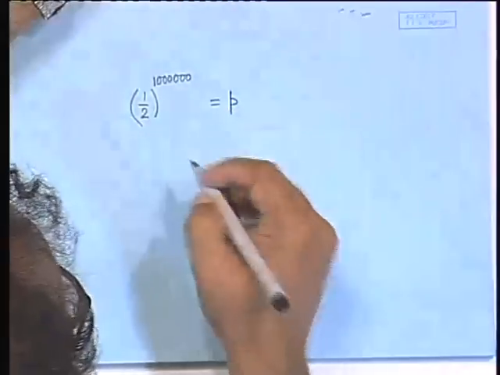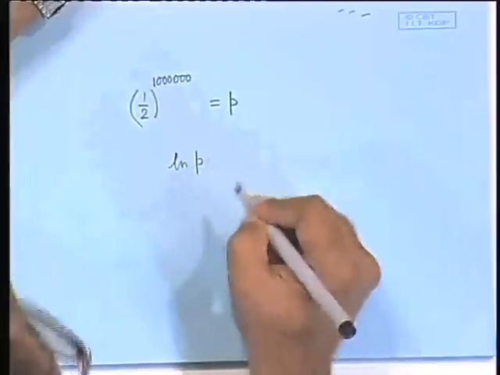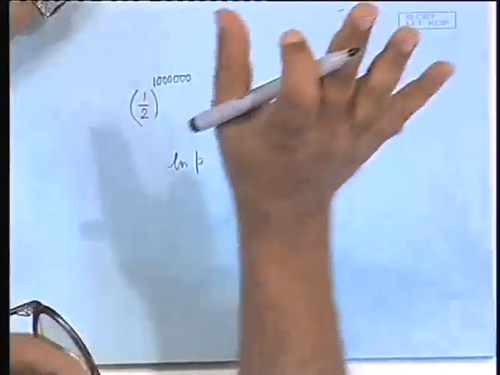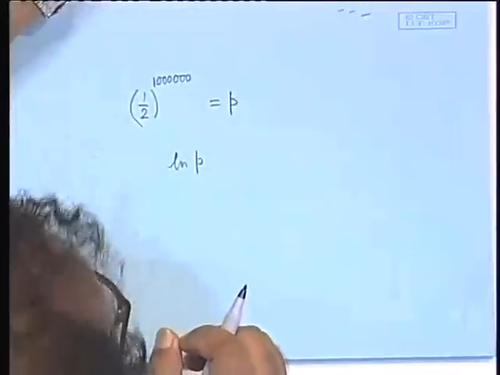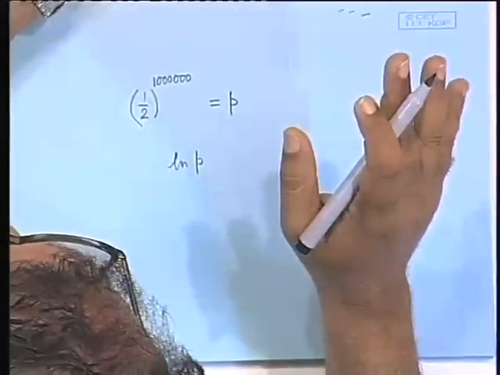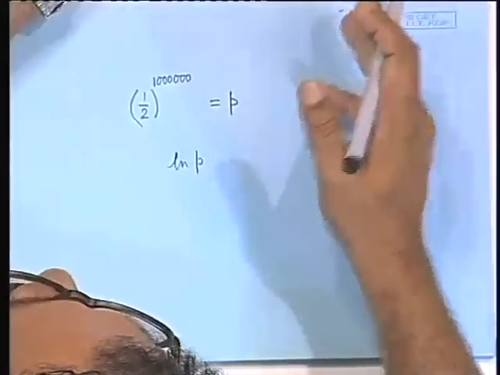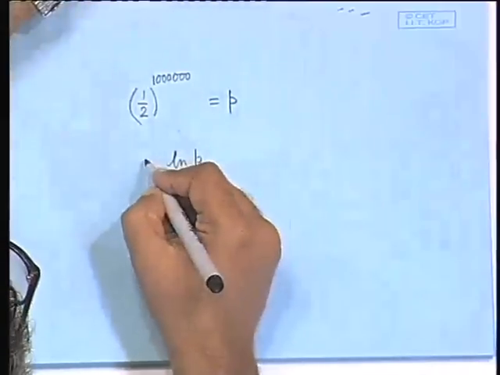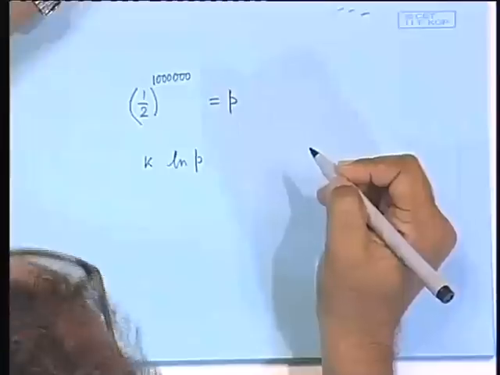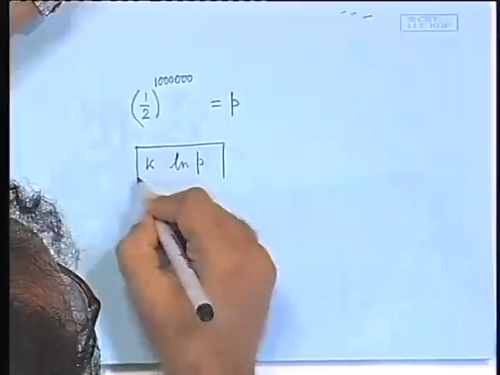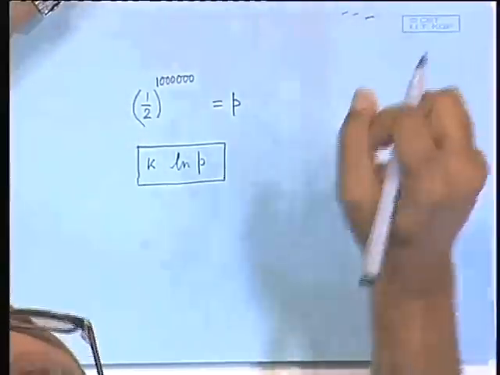So in order to make it handleable, we will say ln P, in which case this fellow comes forward and half remains. So it is more or less a handleable number, but still it is not very handleable, in the sense that 1 million molecules is not the right kind of number. In a cylinder there are far larger numbers. So it is still a very large number, difficult to handle. So what we do is we multiply it by a constant which is a very, very small number, so that the whole thing is a handleable quantity.